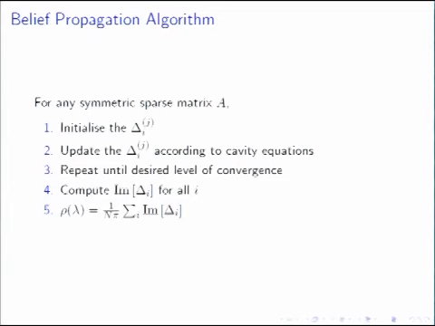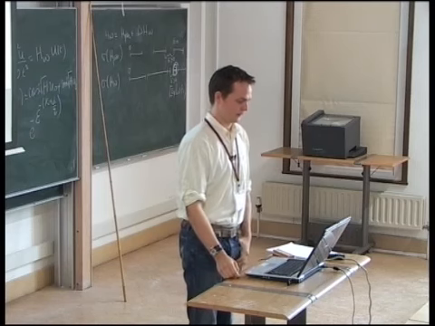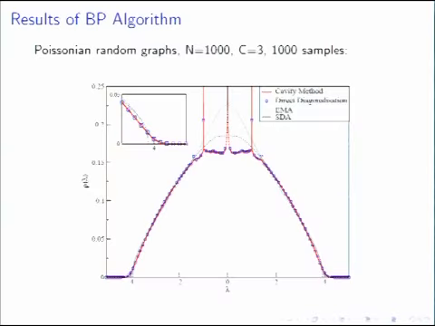What does this look like when we actually do it? If we return to the picture we had before, we can see that we can match the histogram recovered from direct diagonalization exactly with the results of the cavity method. In some sense, this is almost even better, because the cavity method is analyzed at points, whereas a histogram is just an average.